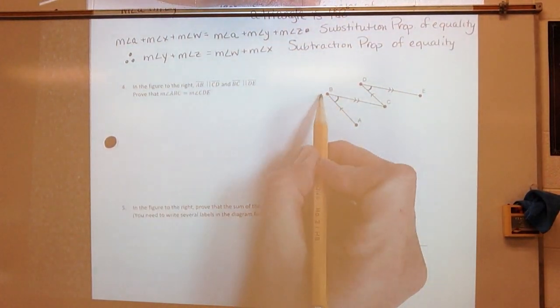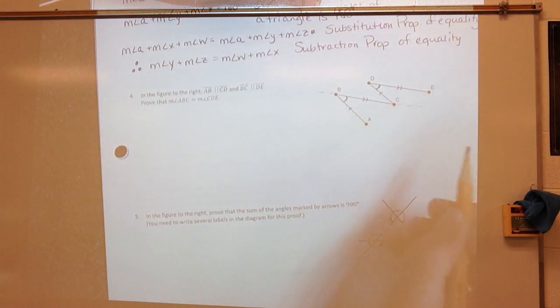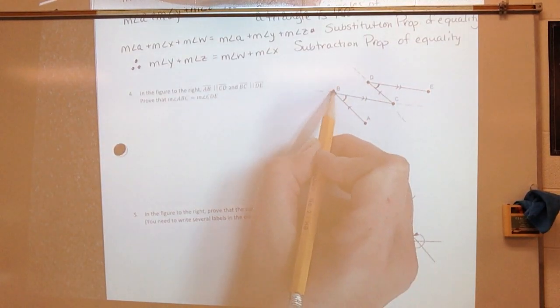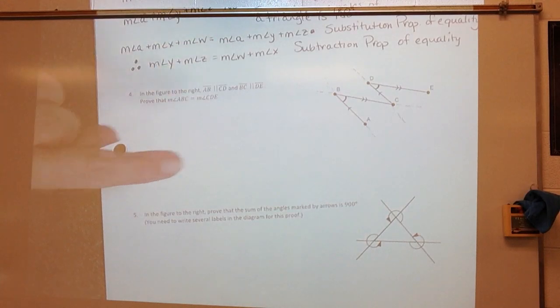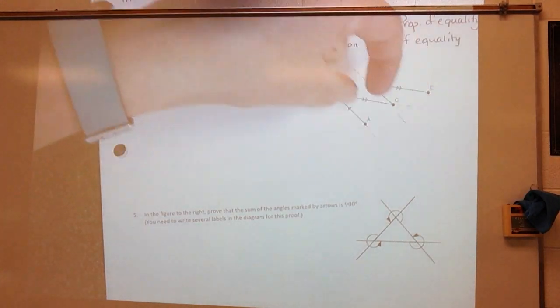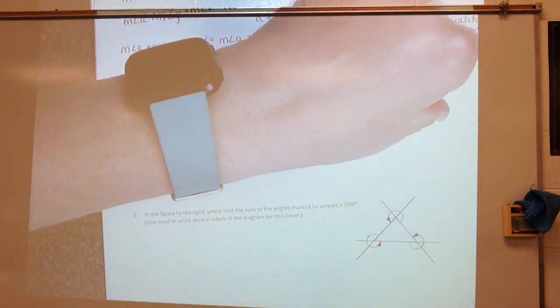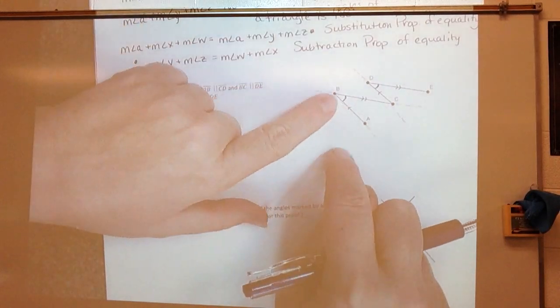We'll consider this a transversal of these two parallel lines. So I'm going to kind of extend it here. All right, so what do I know? Because I need to figure out something here that's going to help me when I start dealing with these two lines.